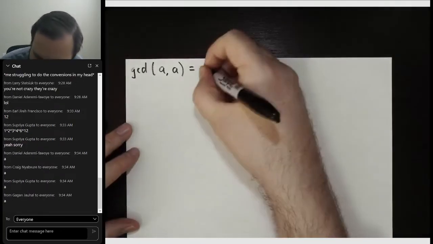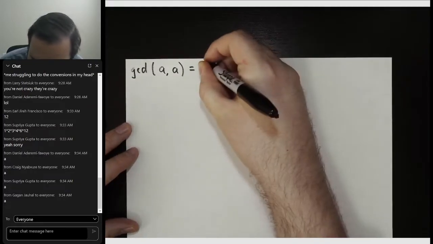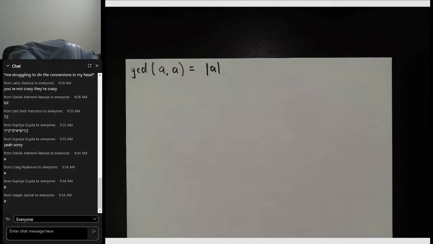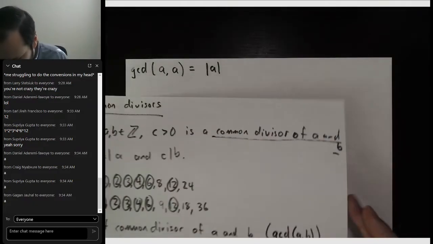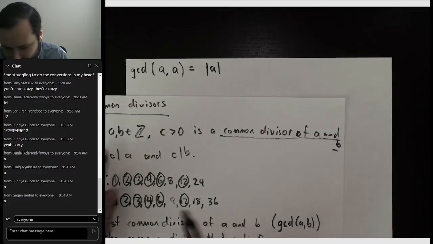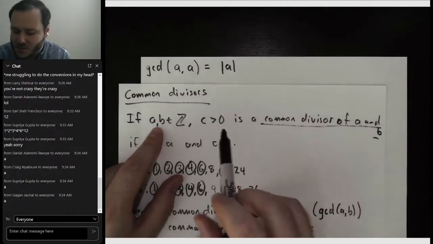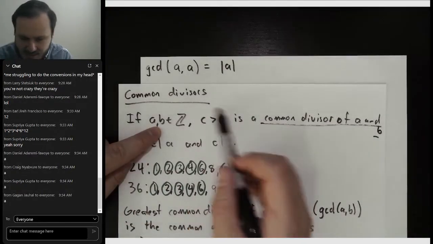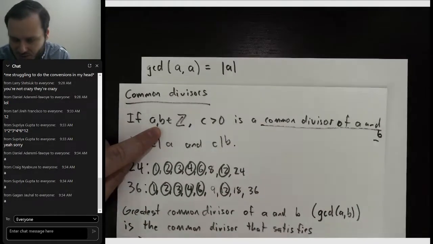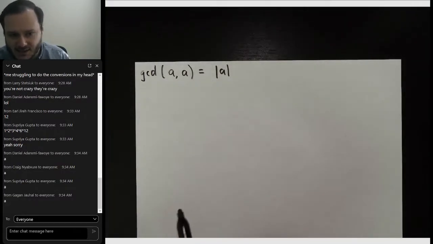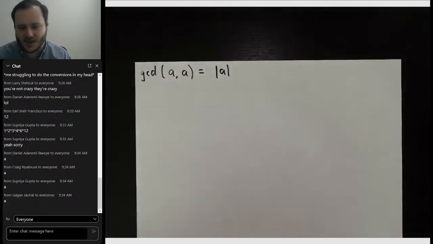Very close. Absolute value of A. So we've got to pay very close attention to our definition. A and B can be any integers, but the greatest common divisor has to be positive. It has to be strictly greater than 0. So the GCD of A and itself is the absolute value of A, just in case A is negative.